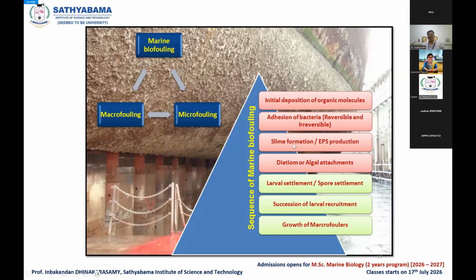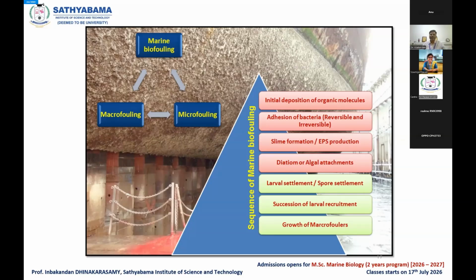The microfouling starts with the initial deposition of organic molecules. This is nothing but the biomolecules such as carbohydrates, proteins, lipids, and any kind of secondary and primary biomolecules available in seawater. They will come and stick onto the material surface.